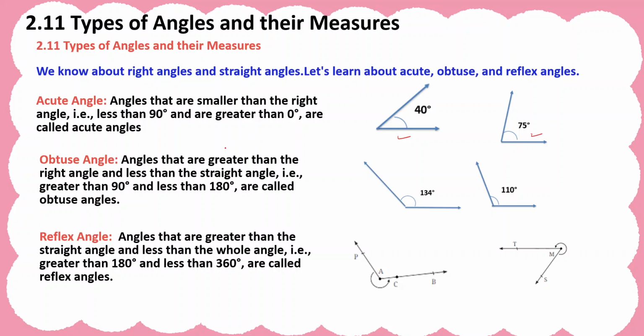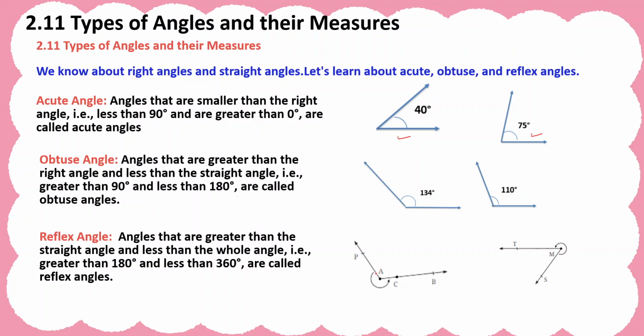Obtuse angle. Angles that are greater than the right angle and less than the straight angle, that is greater than 90 degrees and less than 180 degrees, are called obtuse angles. For example, 134 degrees. The second example is 110 degrees. Reflex angle. Angles that are greater than straight angle and less than the whole angle, that is greater than 180 degrees and less than 360 degrees, are called reflex angle.